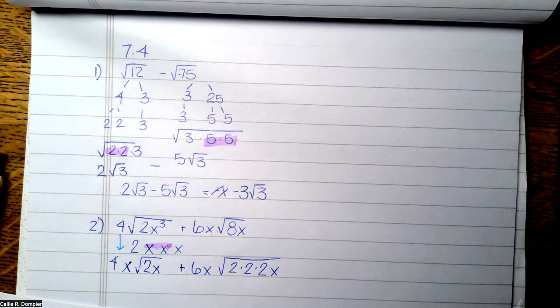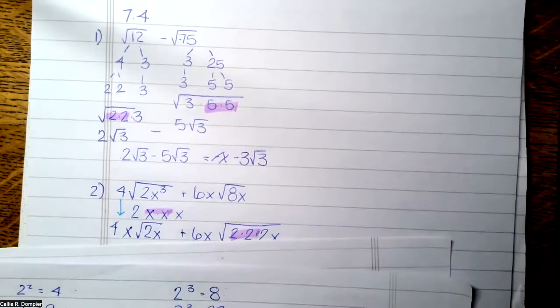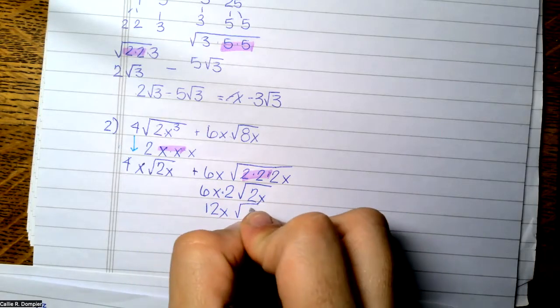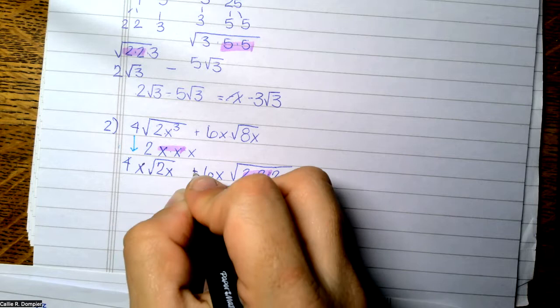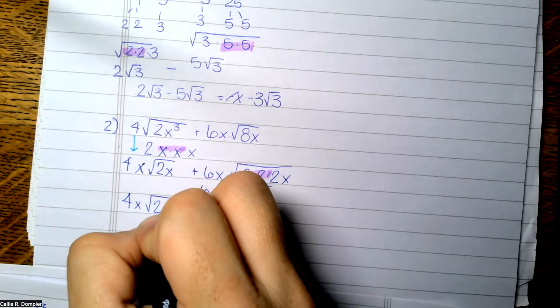These two 2's can come out. So that's now 6x times 2 times the square root of 2x. 6x times 2 is just 12x, square root 2x. Bring down that plus sign. 4x times the square root of 2x.